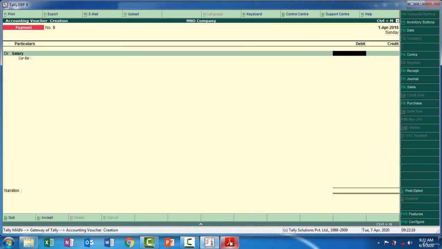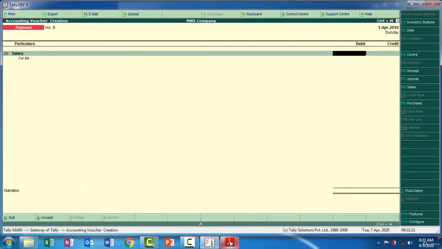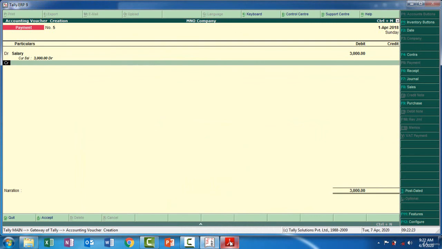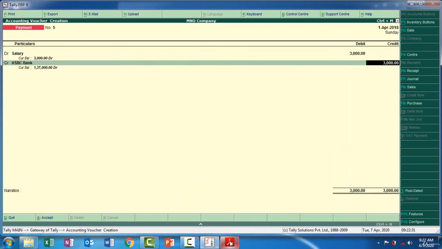Salary 3,000. So I'm going to type 3,000, and then bank account credit, because this is cheque issued, HSBC bank account credit 3,000.